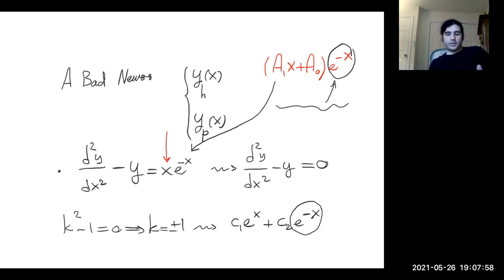So I really want you to try to solve this equation exactly the way we did the previous one, to see what happens, to see why it doesn't work. And then I will tell you how we can modify our technique so we can solve this one.